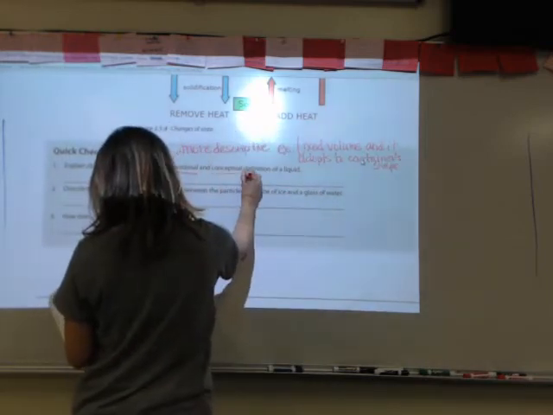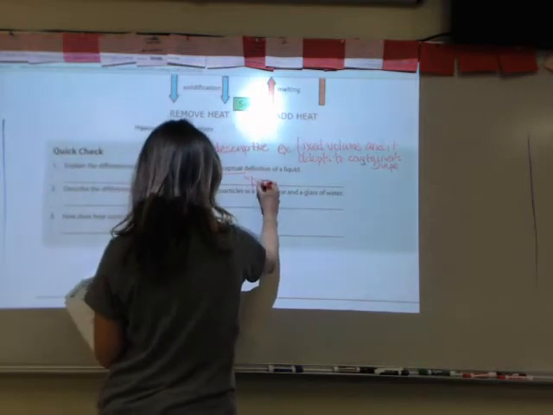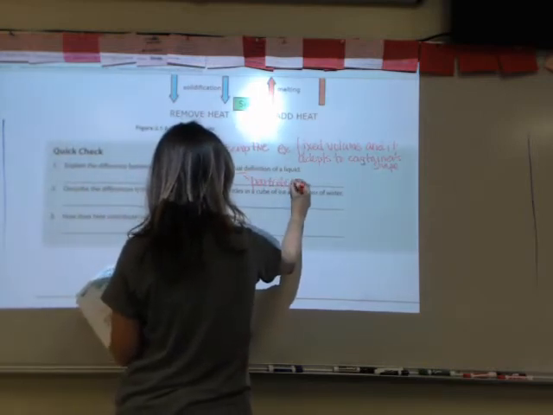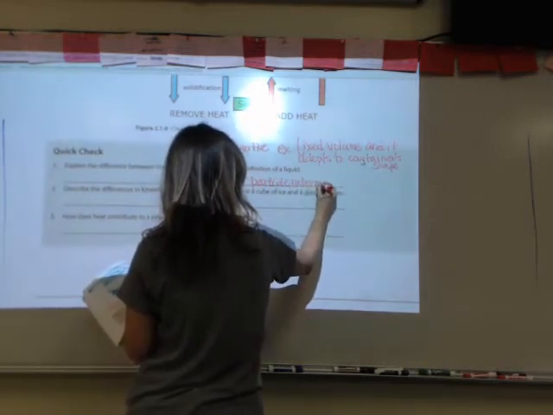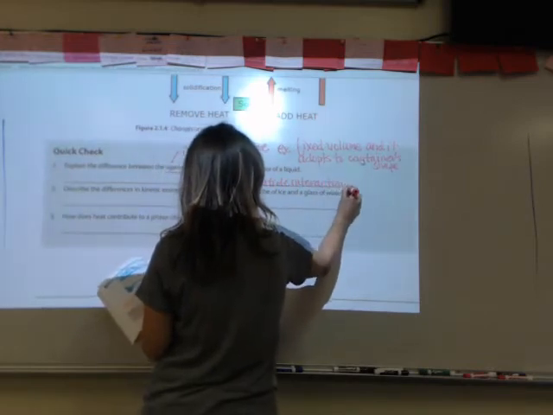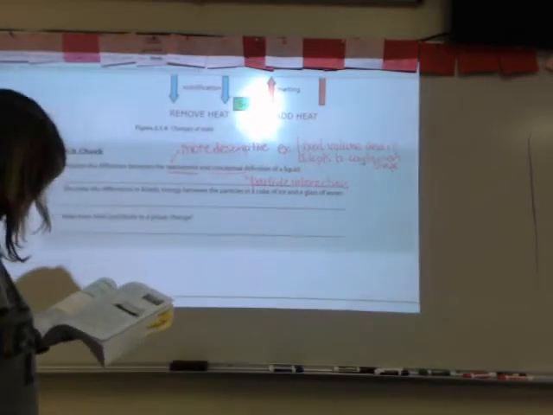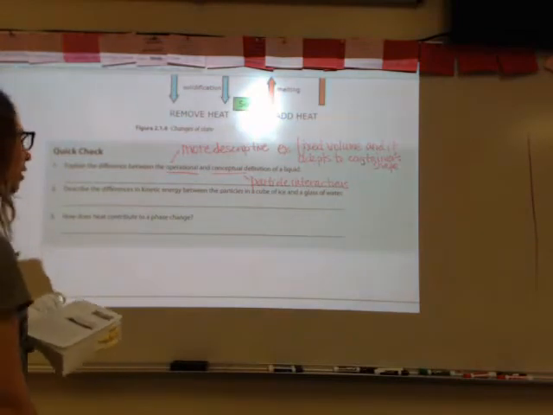A conceptual definition has to do with the particle interactions. So the particles are able to slide over each other in a liquid, and there's a little bit of space in between them.